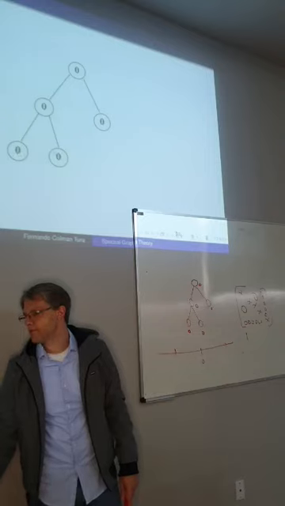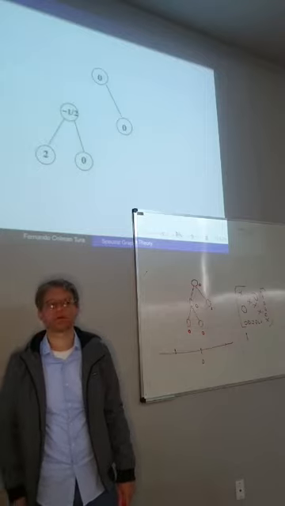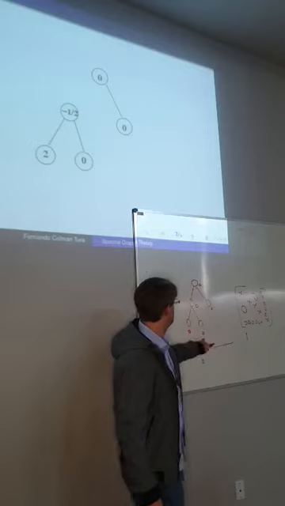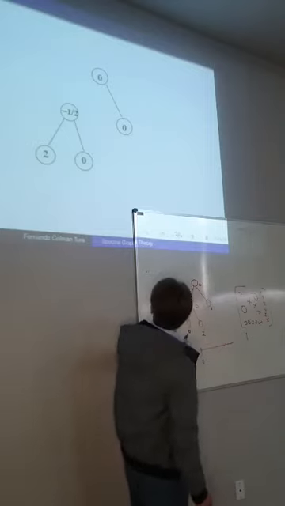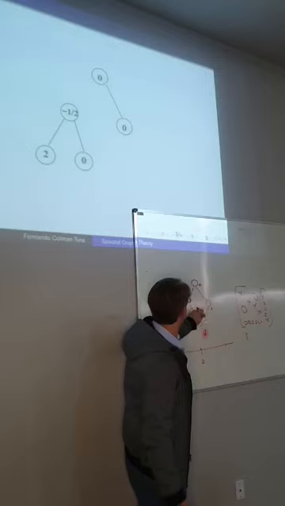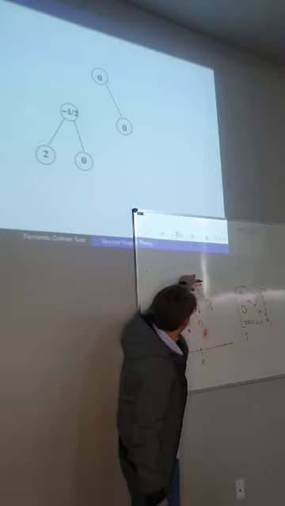That means the first step of the algorithm is to do that. 0, 0, I have to put here 2 and -2, it doesn't matter. And after that, we need to remove this edge here.